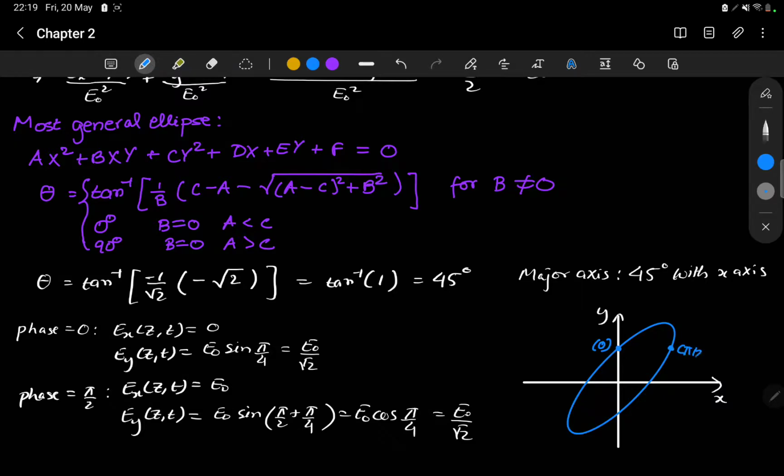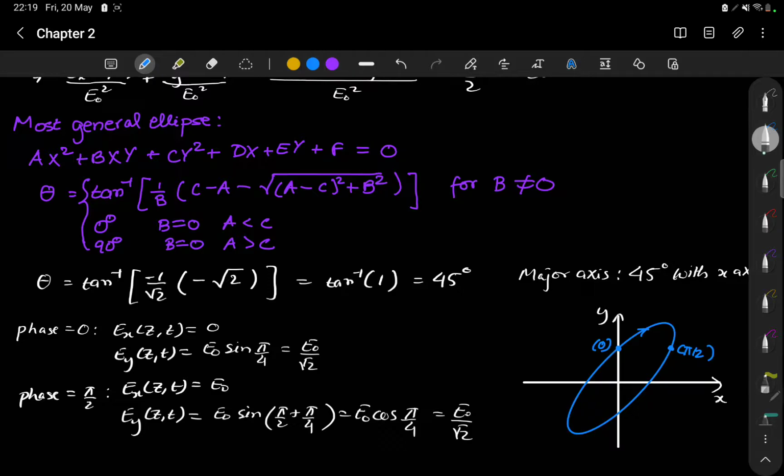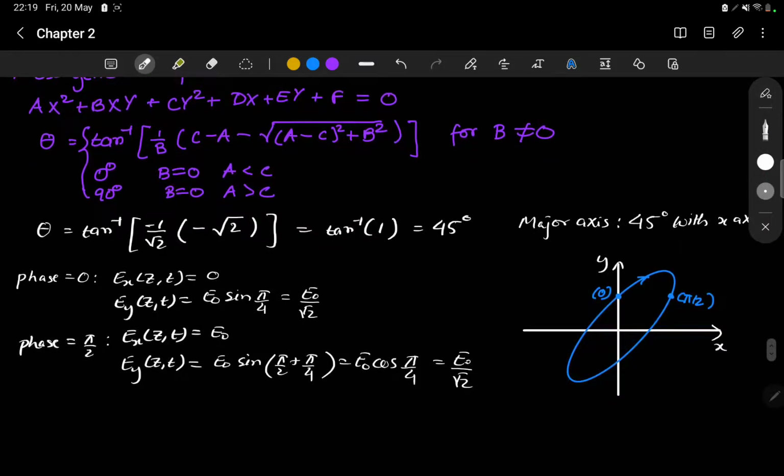This is for pi by 2. So we are moving in this direction. This is again left elliptical. This is the clockwise direction.